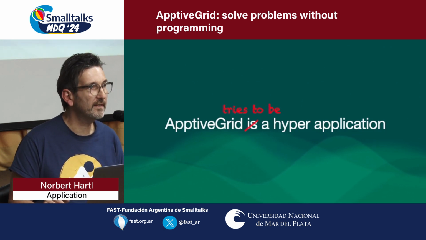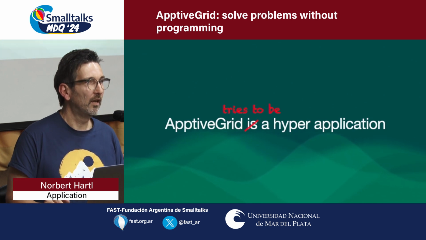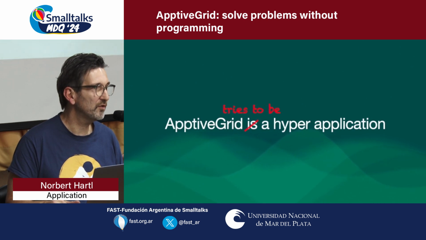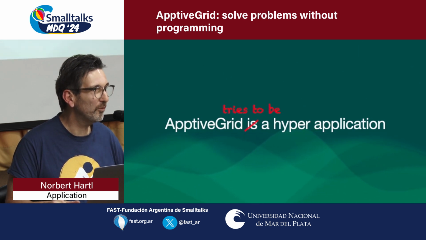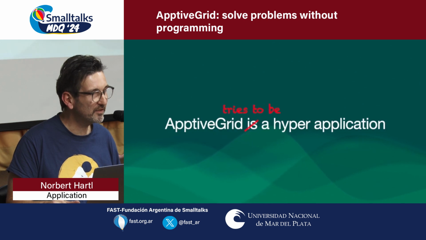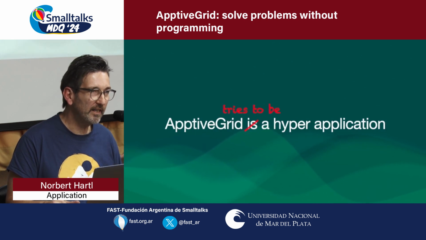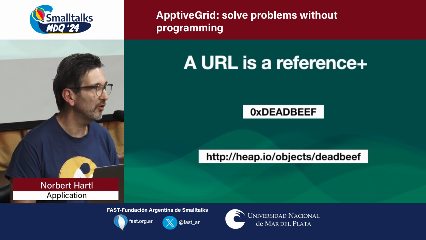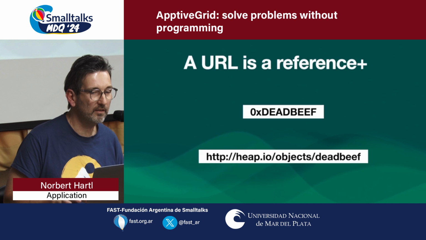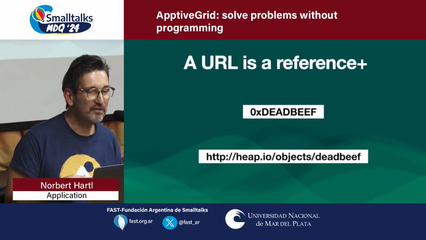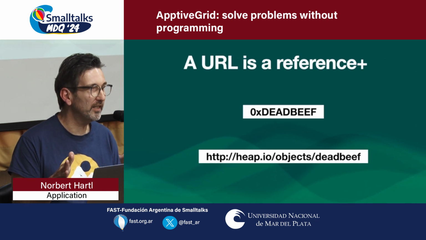But you can also do this in a hyper application, which is really hard to do because the industry does not go in the right direction. So we had XML, and now we have JSON, which is incapable of having metadata and everything. So it's just a drag. But at least there are a few things. The most important thing to think about on the internet is that a 0x address is usually a memory address, as every developer knows.